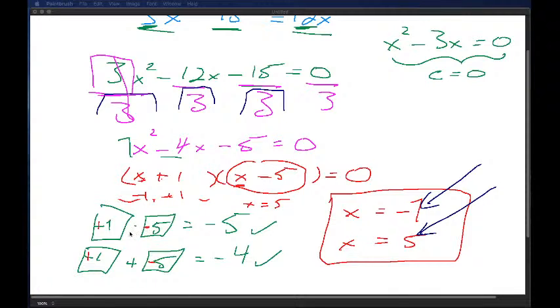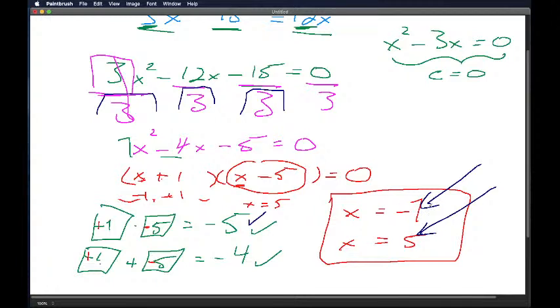Doug. It's -1 and 5. So two numbers that multiply to get -5 is +1 times -5. This is correct. And two numbers that add up to get -4, that's +1 and -5. So my answers are x plus 1 and x minus 5 in the brackets.